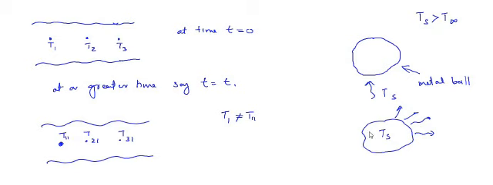Now what is the process? Initially let us assume that the temperature at this position is also Ts. Then after some time, the temperature at this position becomes maybe Ts1, which is less than Ts. The temperature at the center may be Ts itself, and later on this temperature difference goes on affecting the temperature inside.